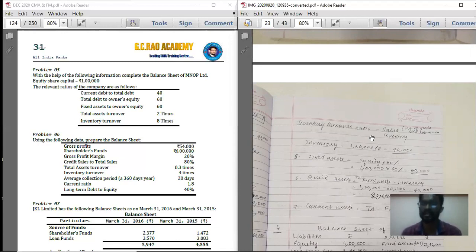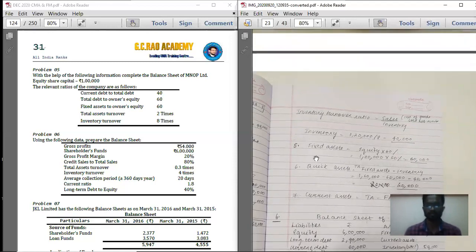When inventory goes to the left-hand side and the inventory turnover ratio goes to the denominator, inventory is equal to 3,20,000 divided by 8, which is equal to 40,000. In this working note number 4, we have found that inventory is 40,000.